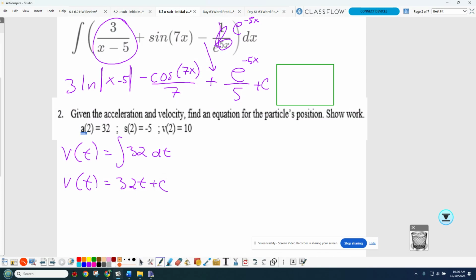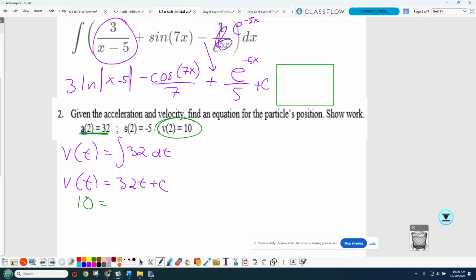Okay, and then I gave you some information and I said the velocity at time 2, which I should have been clear, this is gravity. And I'm making gravity positive, which means the forces are going down. But the velocity at time 2 is 10.